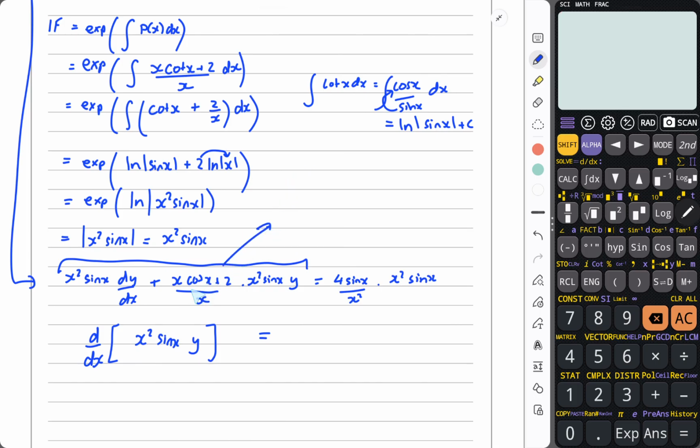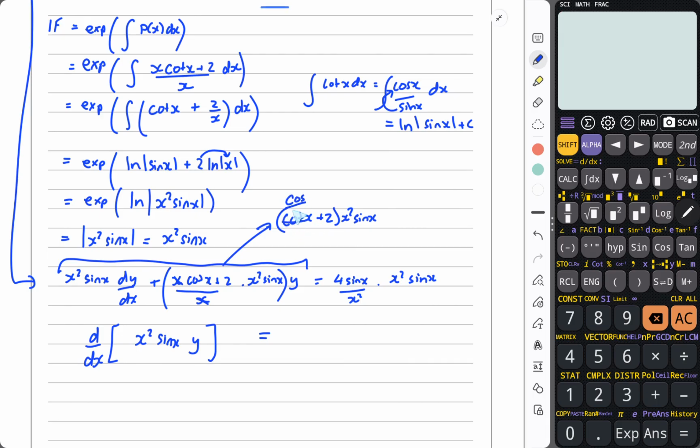So we're going to have, times there by y, so I'd have, because that's cos over sine, so x's would cancel, so I'd have cot x plus 2 all times by x squared sine x. Now remember, cot is cos over sine.